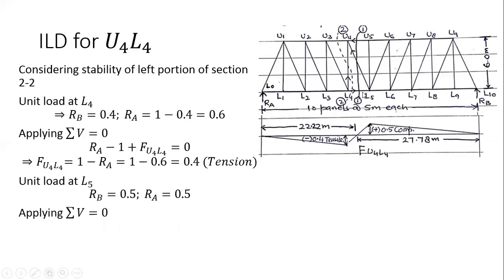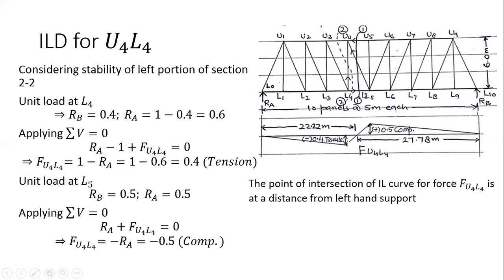I have to calculate the point of intersection at a distance from the left-hand support. So 0.4 upon 0.5 is equal to x divided by 5 minus x. So this x comes out to be 2.22.